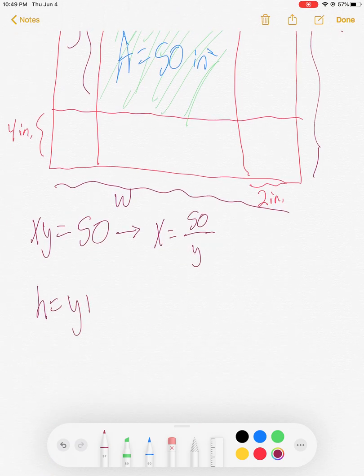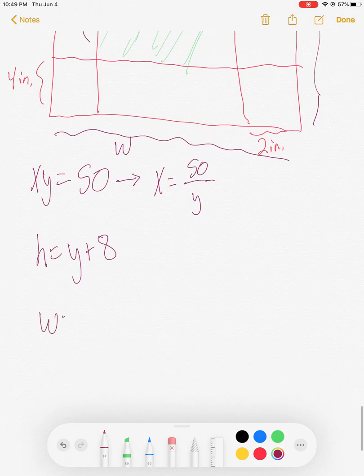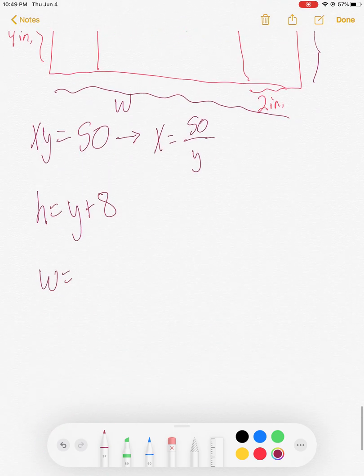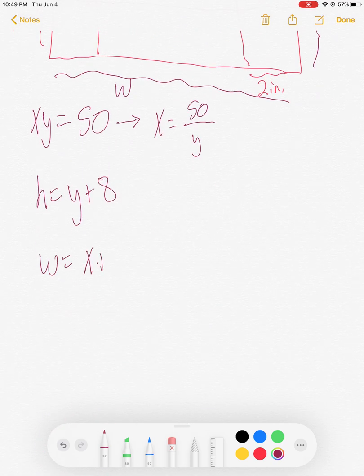So the height and width here. Well, the height is going to be y plus 8, because the middle part is y, and then we have 4 inches on either side. So the height equals y plus 8.